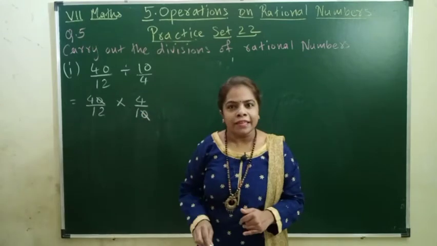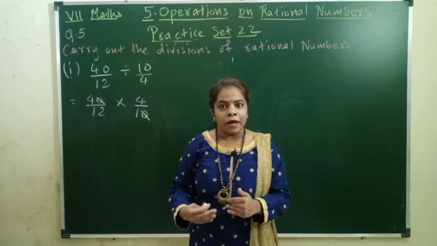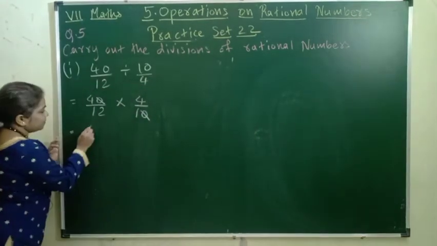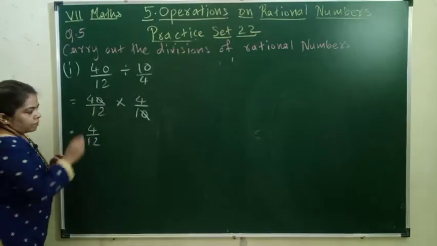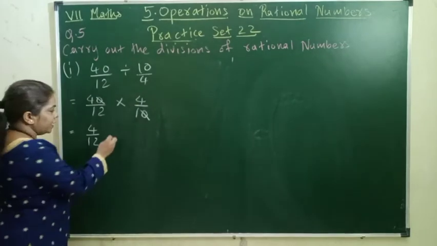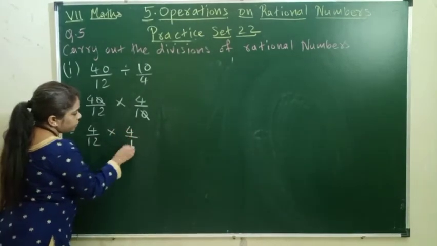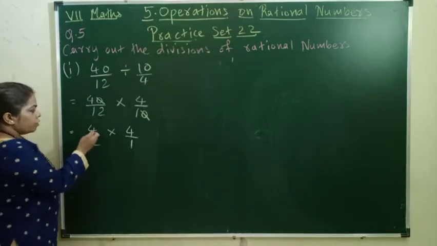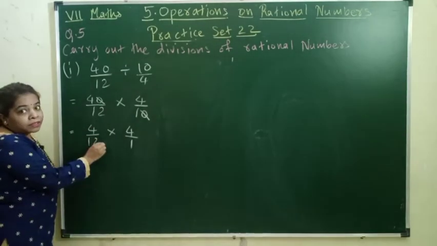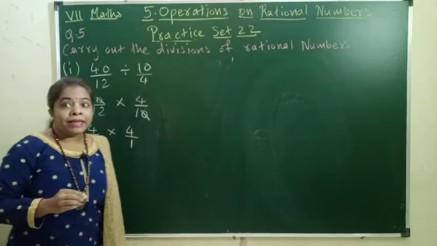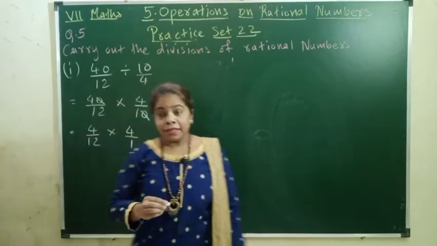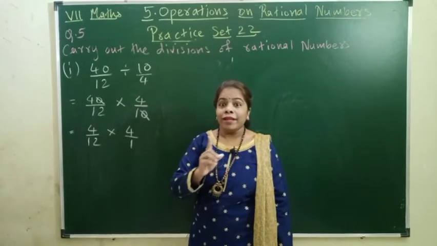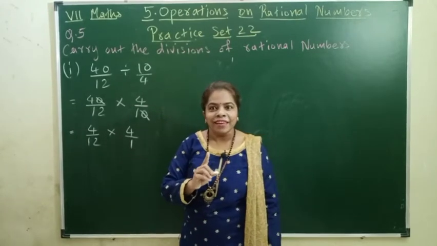First I'll cancel the 0 and now I will write the sum down again. 4 upon 12 into 4 upon 1. Okay, now see these two numbers, both of them are coming in the table of 4. See, 4 and 12 both come in the table of 4. 4 ones are 4, 4 threes are 12.